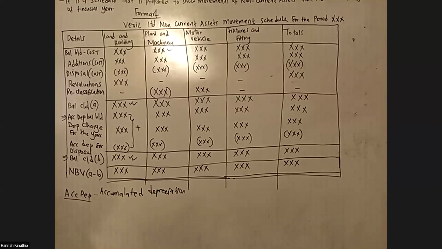The following information relates to the non-current assets of Daraja Ltd as assets in property 70,000 at cost. Plant and machinery 52,500, accumulated 20,000.